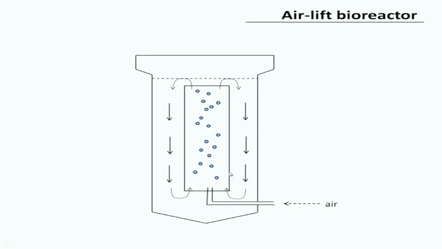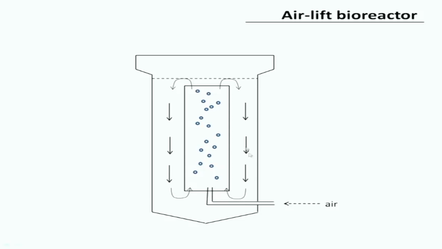Okay. However, you need to keep the bioreactor broth in agitation, only then will the bioreactor function properly. The agitation, the mixed nature is brought about by air which is pumped in here somewhere.